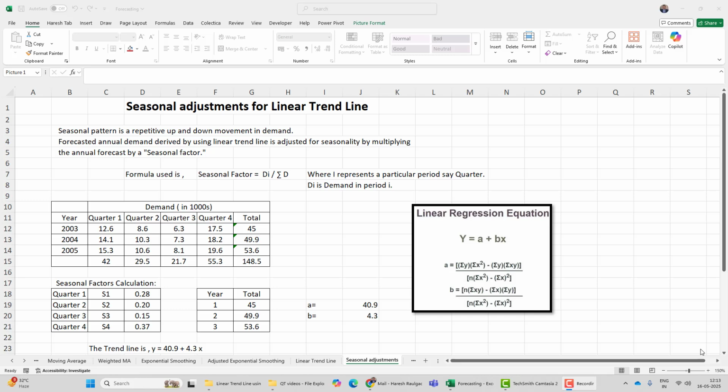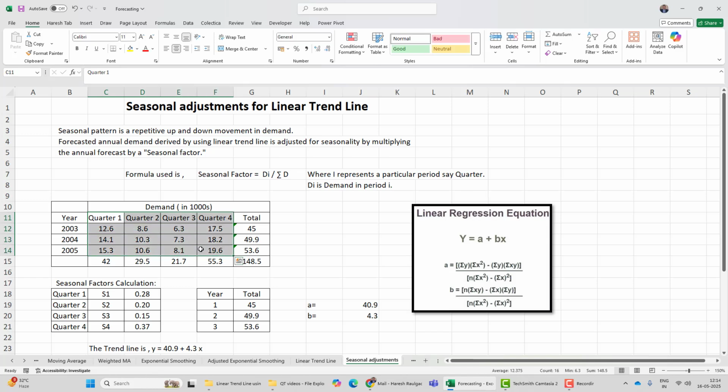Here, the data given to us is quarterly values of demand for a particular set of years, say 3 years, 2003, 4 and 5: quarter 1, quarter 2, quarter 3, quarter 4. This demand in thousands is our starting point of the data.